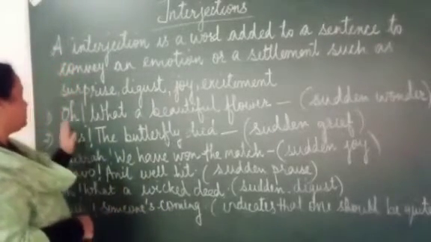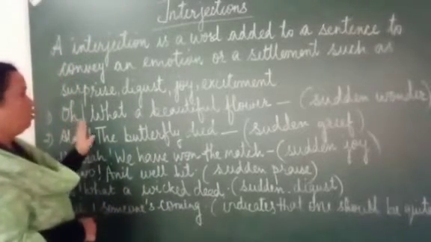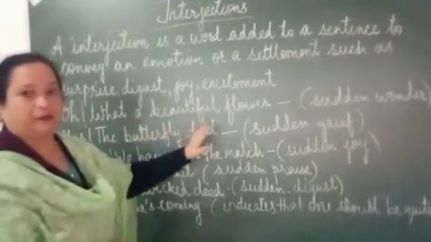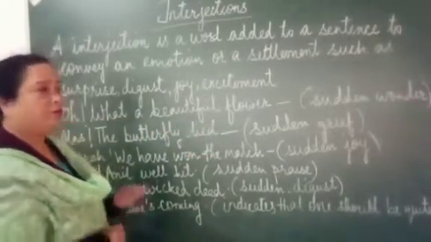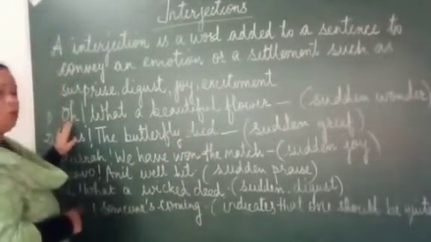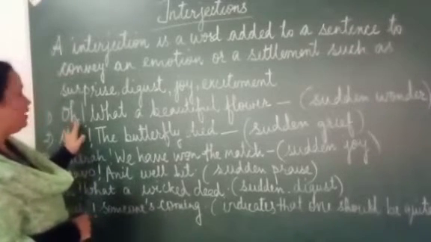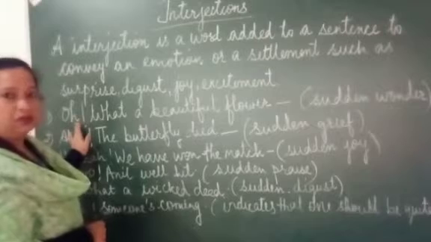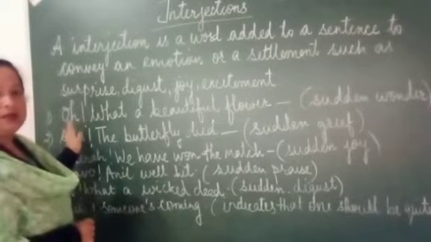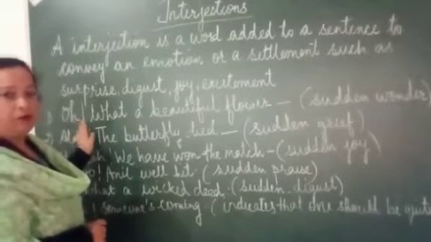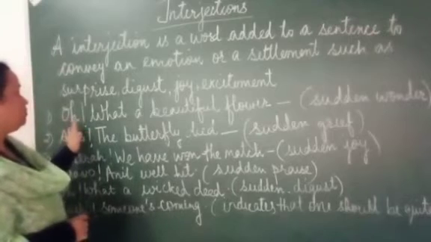Now, let us see the first sentence that I have written. Oh, what a beautiful flower. Now, in this sentence, if you notice, I have written oh. It's an interjection followed by an exclamation mark. That means interjections are followed by an exclamation mark.